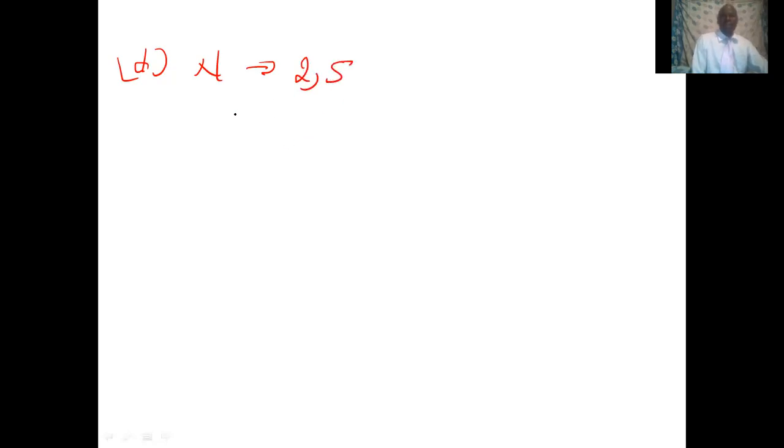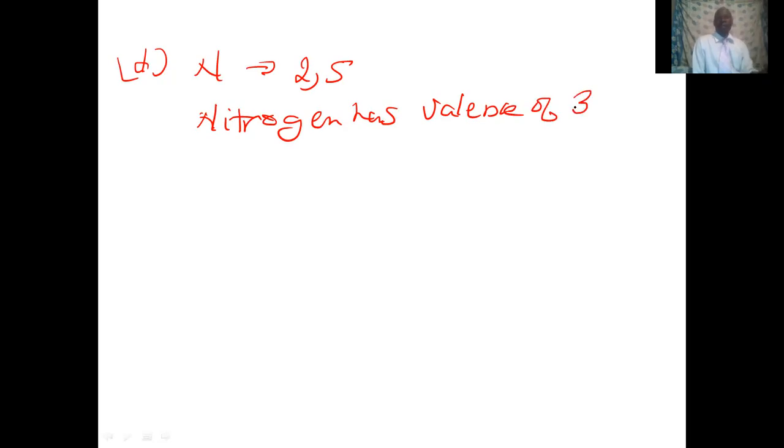It is easier for nitrogen to gain 3 electrons. So nitrogen has a valence of 3. For it to be stable, it requires 3 more electrons to make them 8.